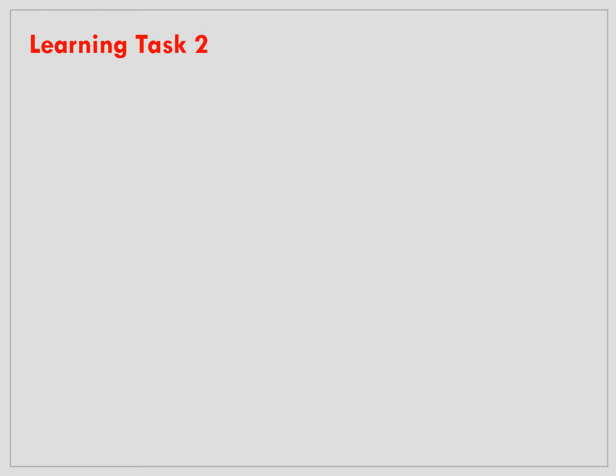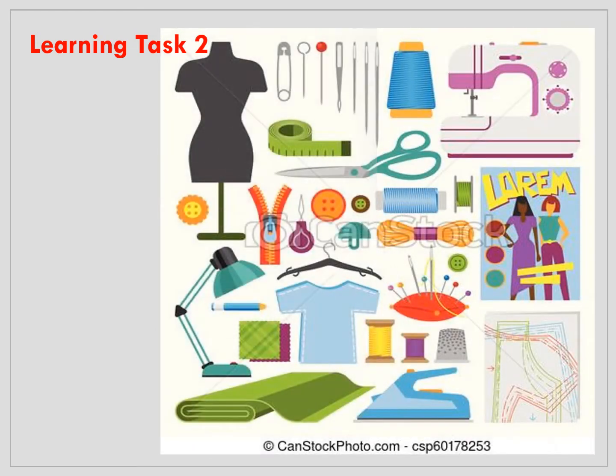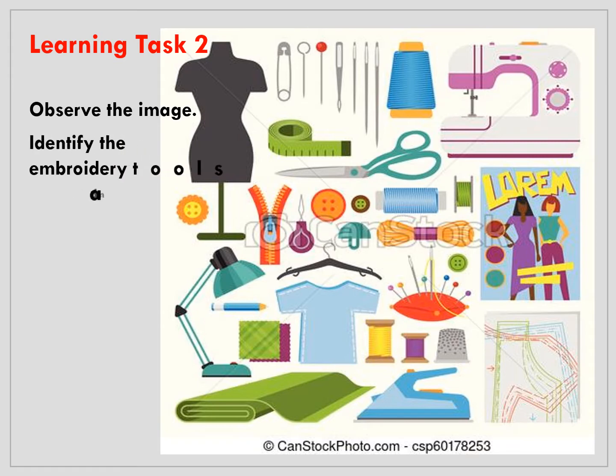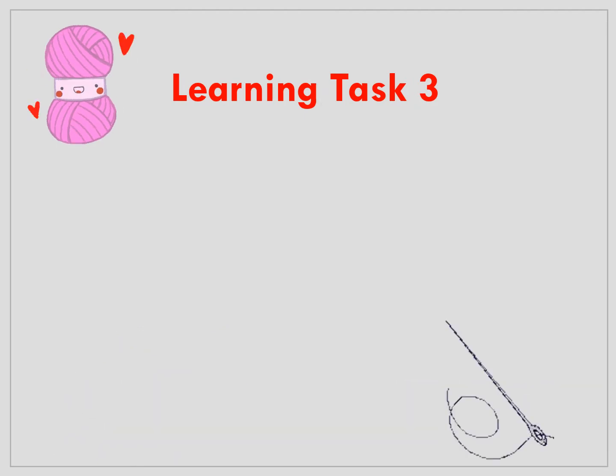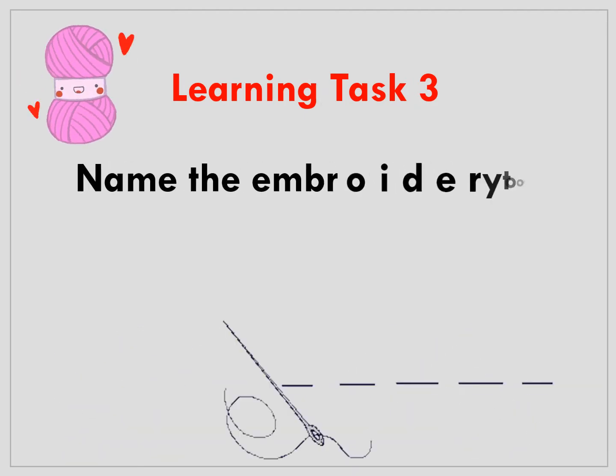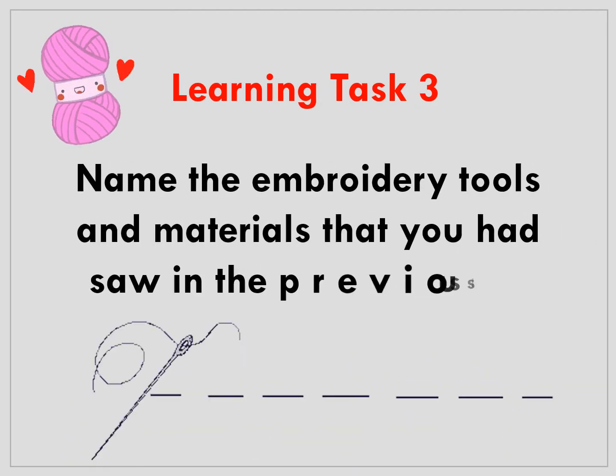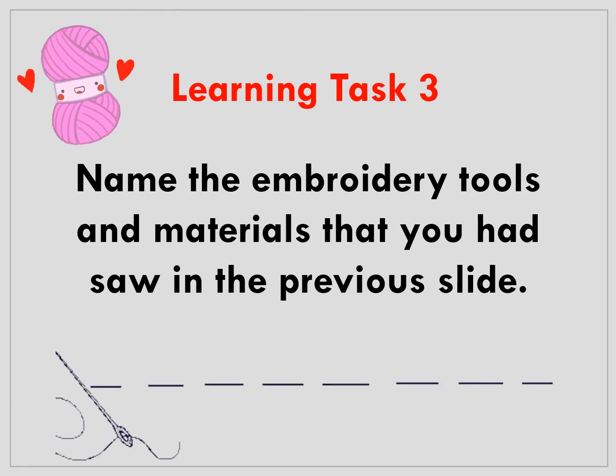For learning task number 2, I have here a picture. Observe the image and identify the embroidery tools and materials. For learning task number 3, name the embroidery tools and materials that you saw in the previous slides.